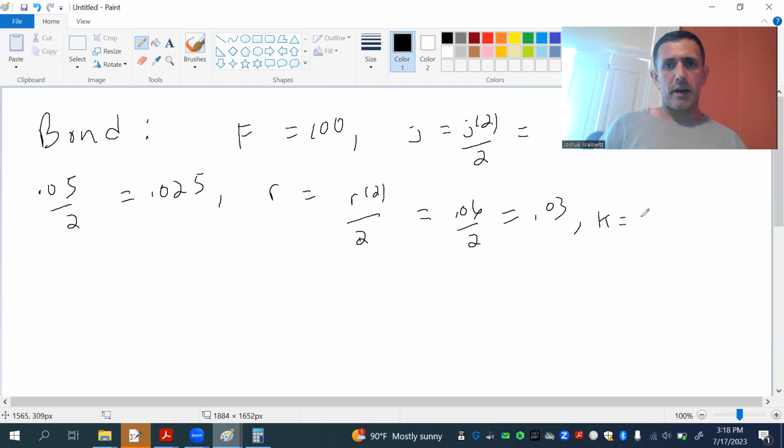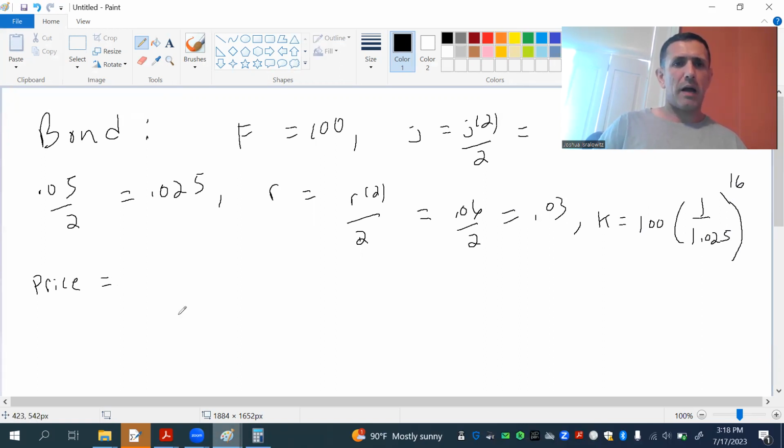So K is F times 1 over the present value factor corresponding to the actual 6-month yield rate of 2.5% raised to the number of 6-month periods. It's an 8-year bond, so 16 6-month periods. So just plop this into Makeham's formula.